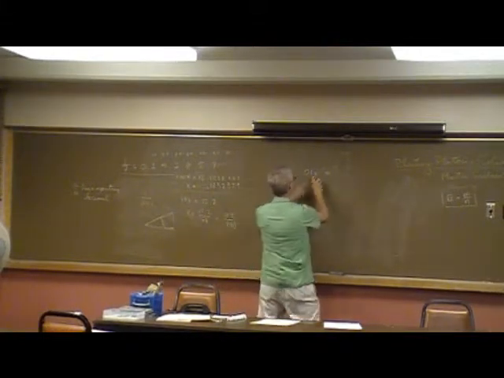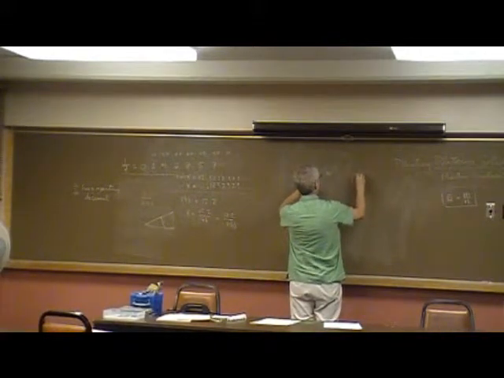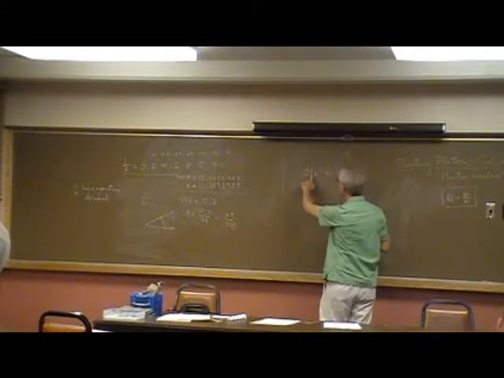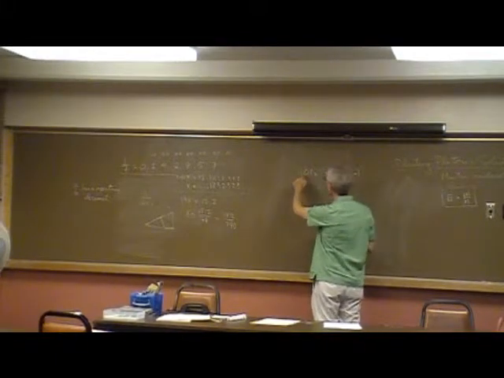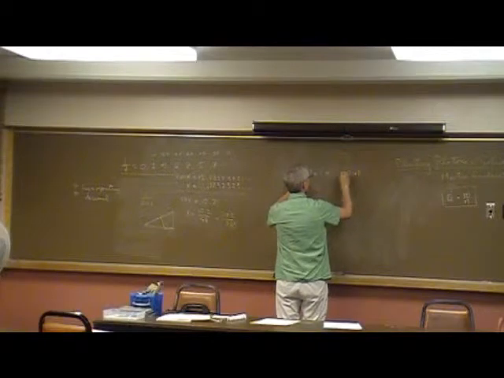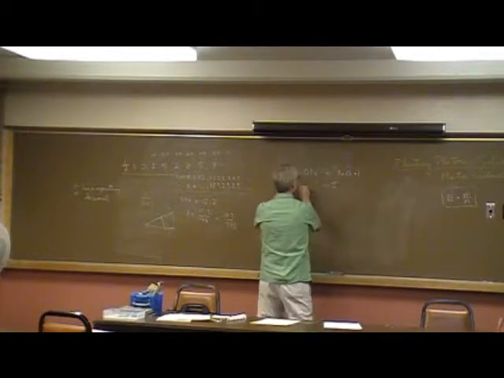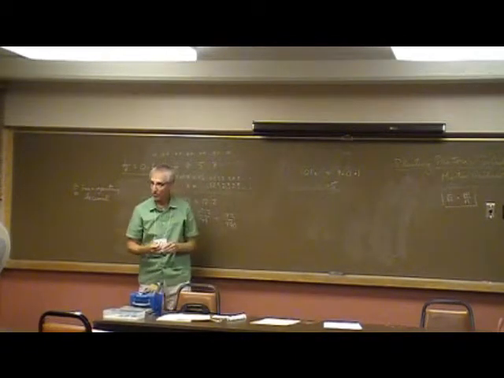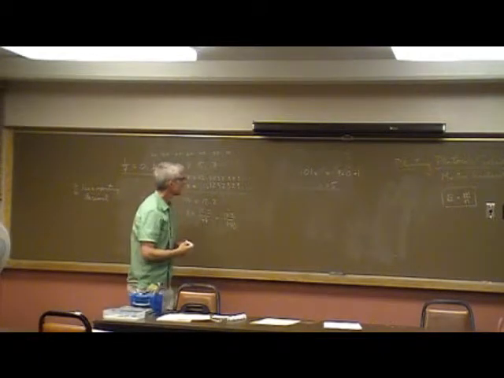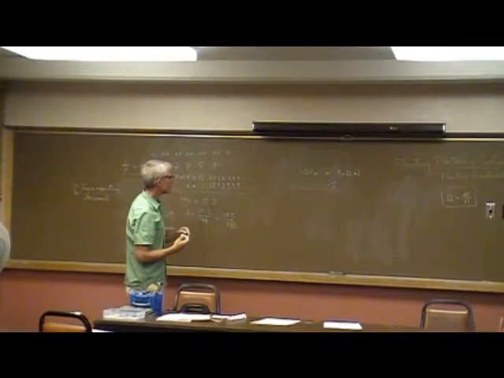And so this is going to be 1 for the ones place, no 2s, and 1 four. So this is the number 5 in base 2. Okay, so that's pretty simple.